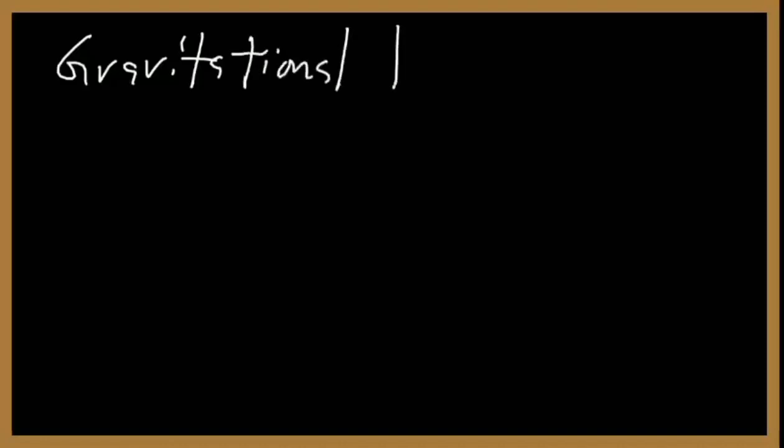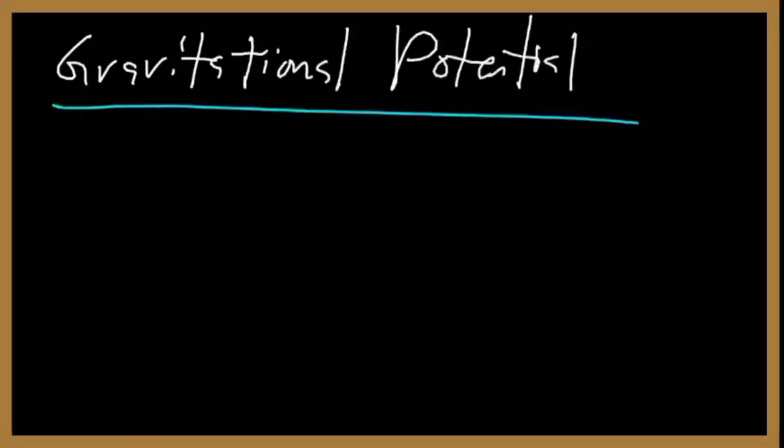The next one, we'll be looking at the gravitational potential. So let's look at gravitational potential. Gravitational potential is denoted as what? As V. Gravitational potential is defined as the work done in taking a unit mass from infinity to a point.